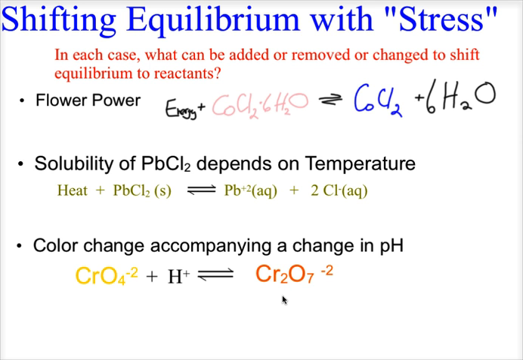So in order to reduce that value, the reverse reaction would have to occur, producing more reactants, making the denominator larger, and returning Q to the original numerical value. K remains unchanged when you change the pH, when you change the concentration.